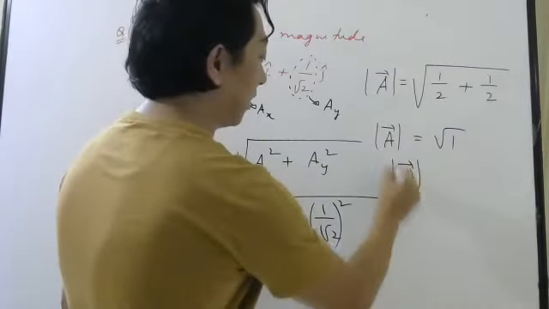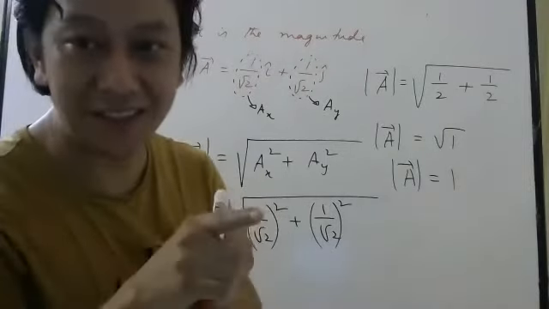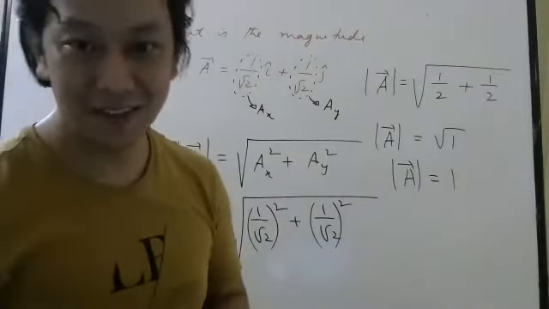That means this vector is what vector? It is a unit vector. However, it is obviously not along x-axis or y-axis. Can you tell me where this vector will be in the xy plane? It will be a unit vector, but where will it be?